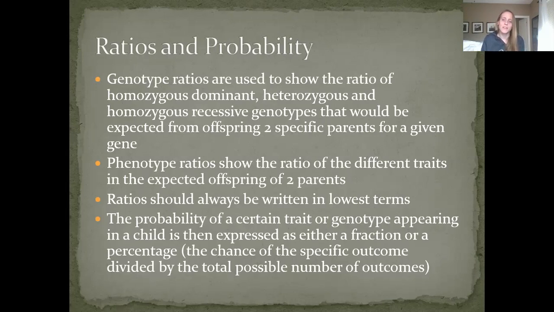When we're looking at the phenotype ratio, we're looking at the ratios of the different traits, so the dominant trait versus the non-dominant trait. These ratios are usually written as number, colon, number, colon, number. And then we can turn that into a probability that we write either as a fraction or a percentage.